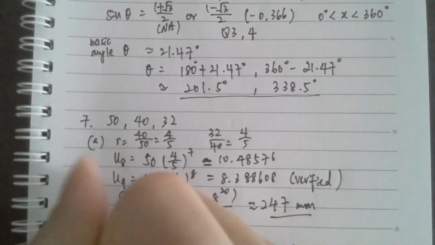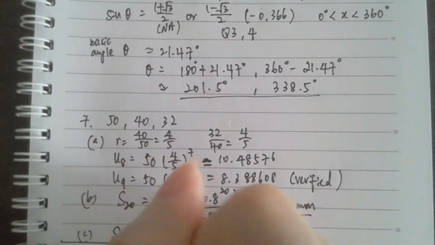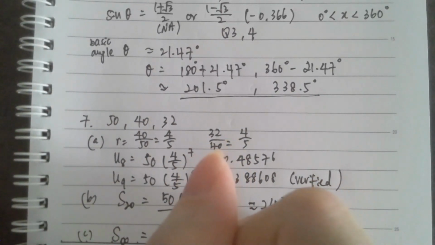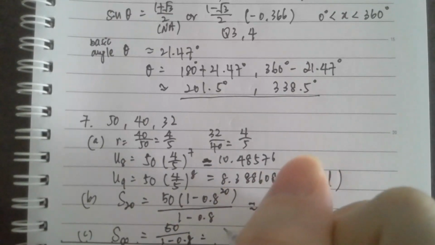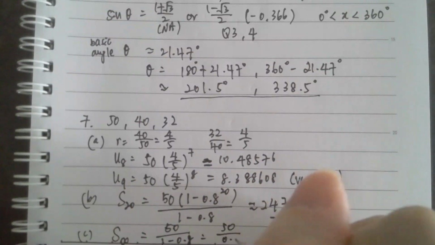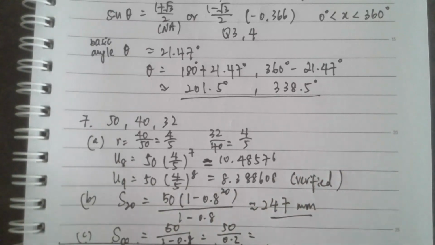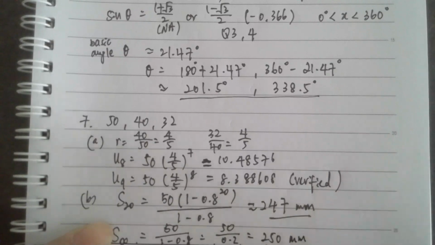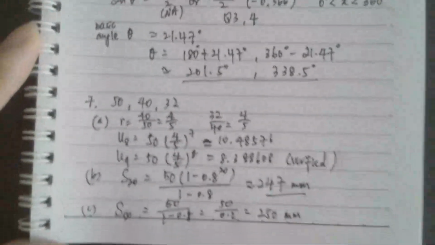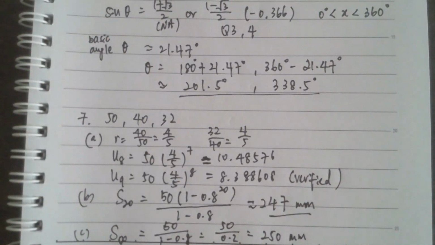So using the formula a over 1 minus r, that's 50 over 0.2, which is 250. That's just the sum to infinity.